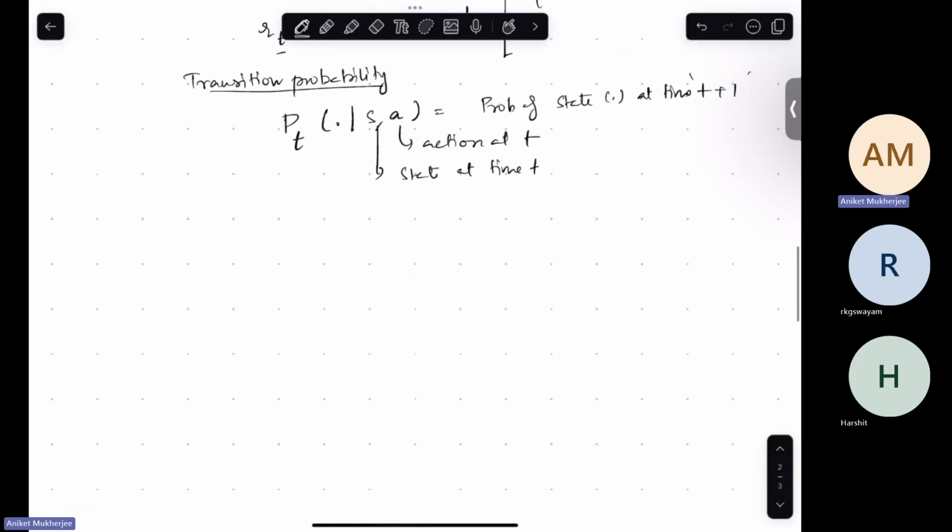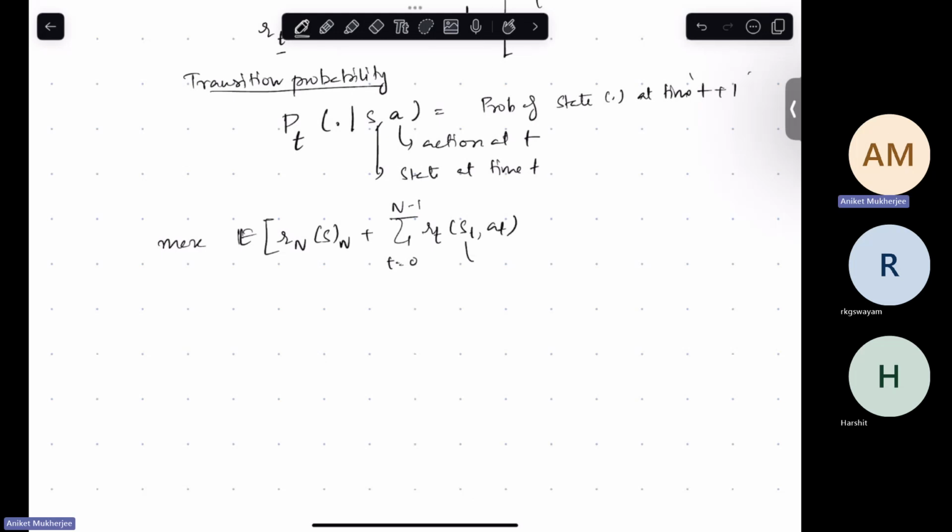In MDP, you are maximizing the reward you get for each state, so you are maximizing the expected reward: the nth state reward plus the sum over t equals 0 to n minus 1 of r_t(s_t, a_t). s_t is your state at time t, and a_t is your action at time t.